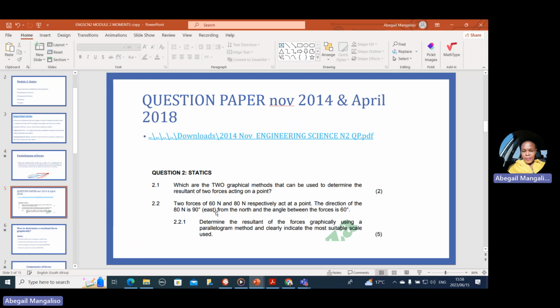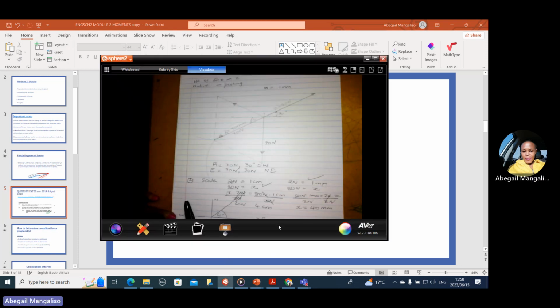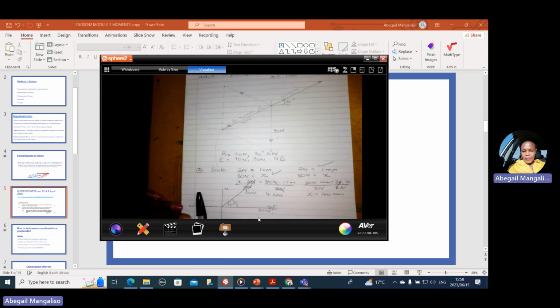And you apply the method of parallelogram of forces. This is 80 newtons east. You measure 60 degrees using a protractor and you pull a line that is 60 newtons, or 30 millimeters since the scale is halved. Then you apply the method of determining the resultant. Thank you.